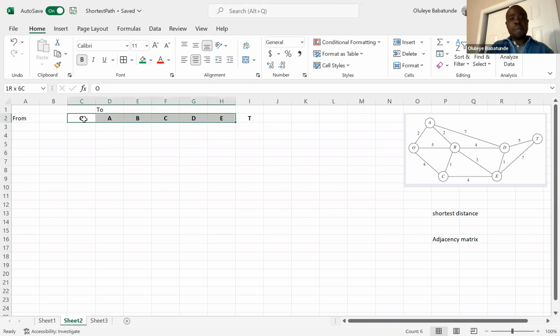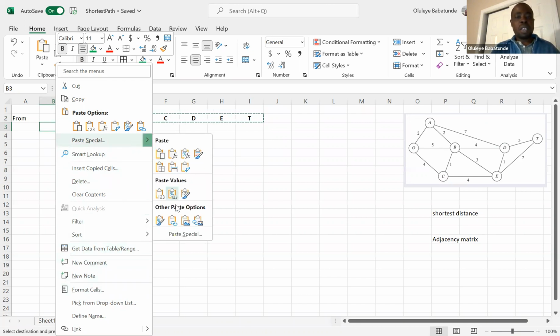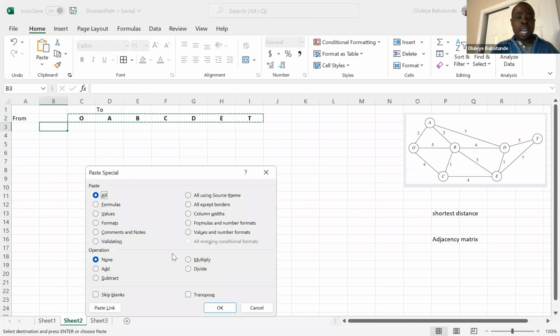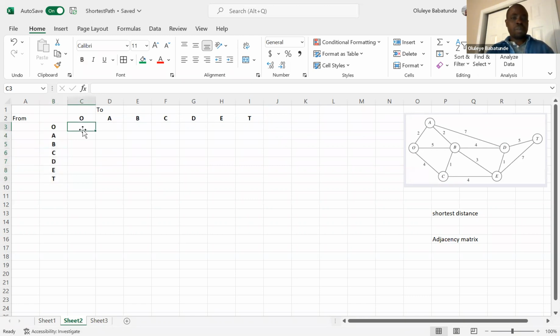So I'm going to grab this and paste this. Now, I want to paste this vertically here. So I'm going to right click that cell and come to paste special, and I'm going to pick transpose. And that would give me that.